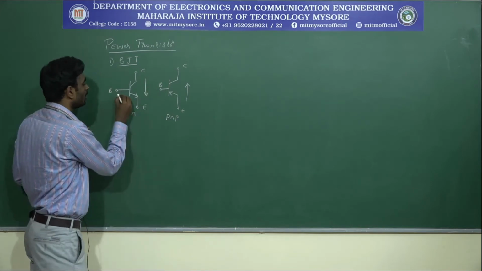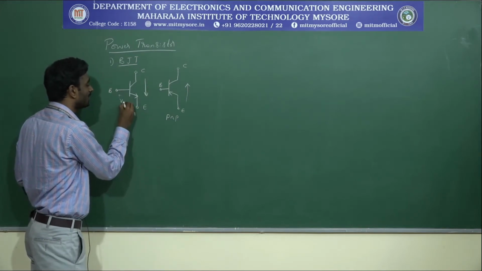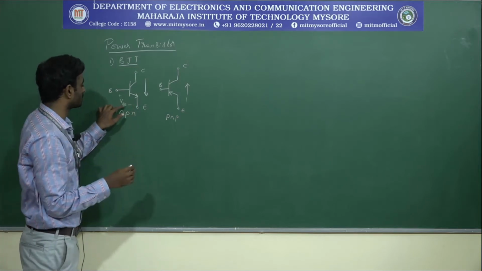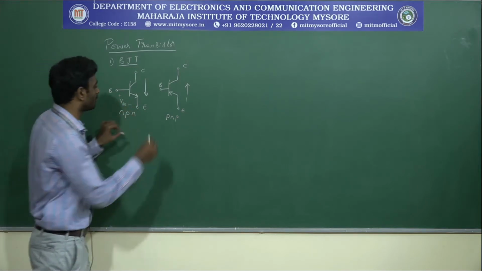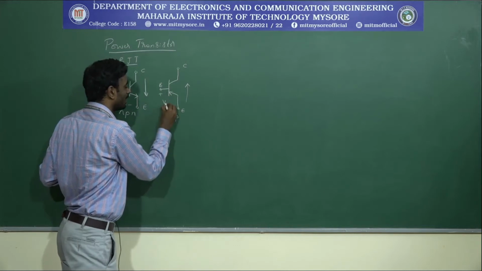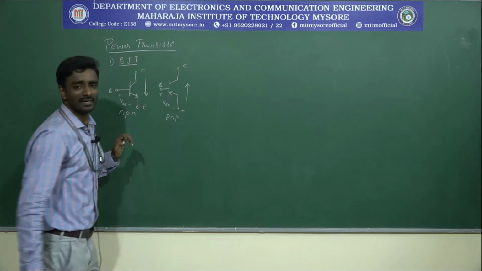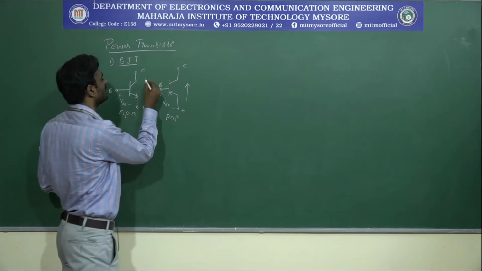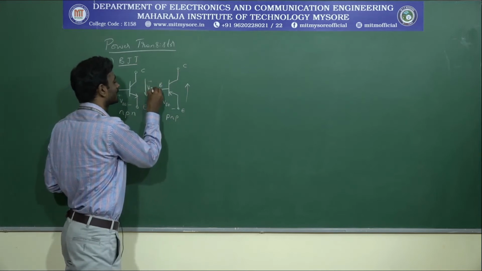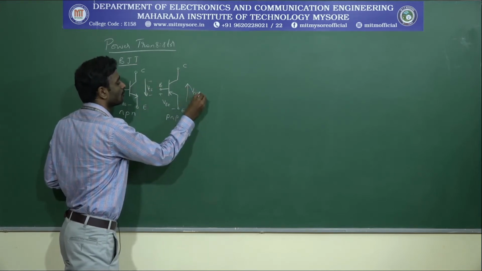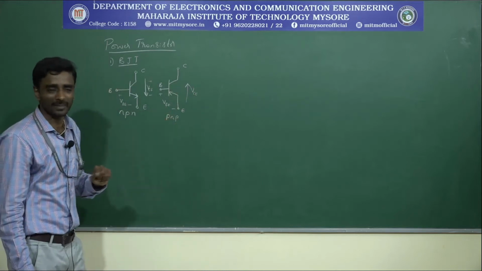The input drive will be given across VBE, that is voltage applied across the base to emitter junction in both PNP and NPN transistors, where the voltage will be measured across the collector to emitter for both NPN and PNP transistors.